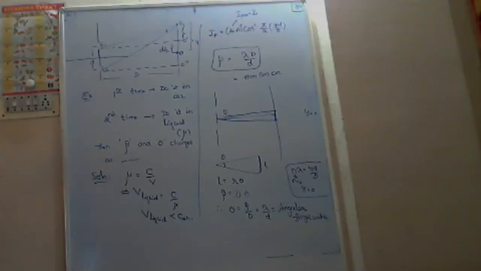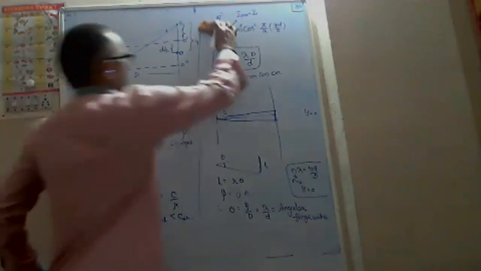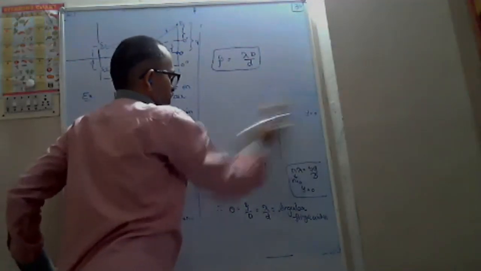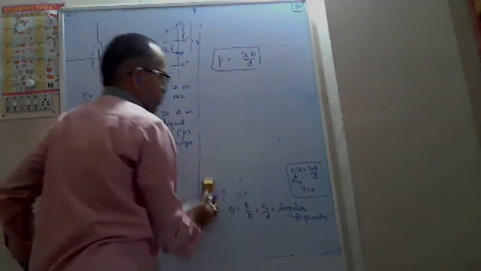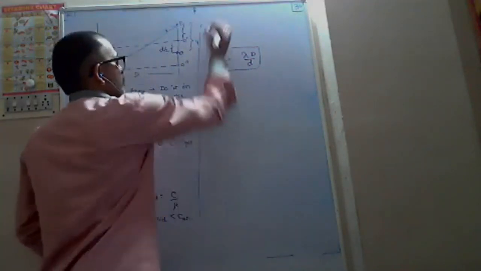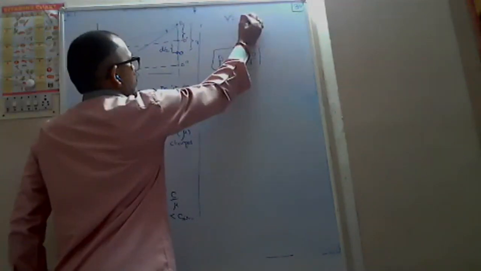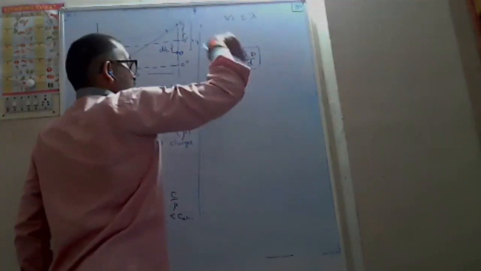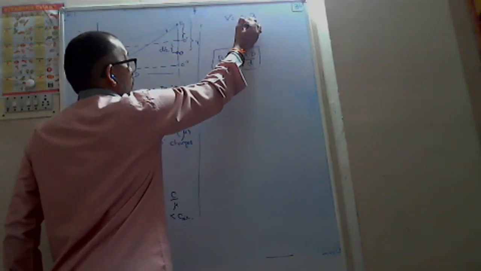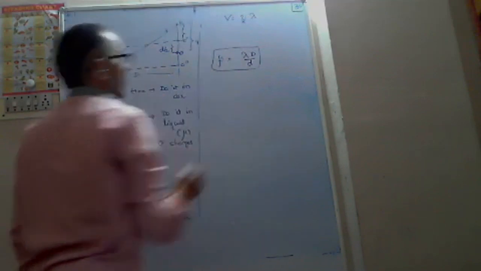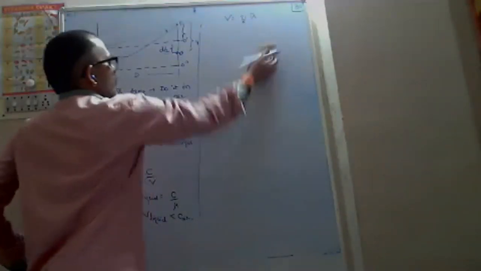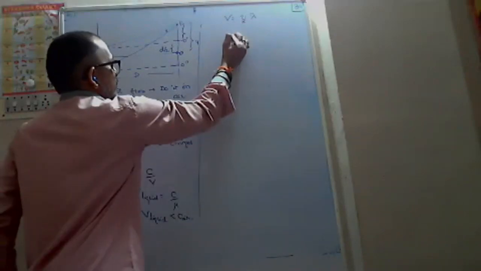We completed the waves chapter. In the waves chapter, we know the speed of either light or sound wave is V equals nu lambda, and even though the wave enters from one medium to another, the frequency nu remains constant. So V is directly proportional to lambda.